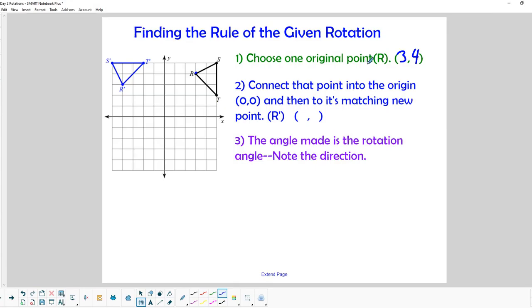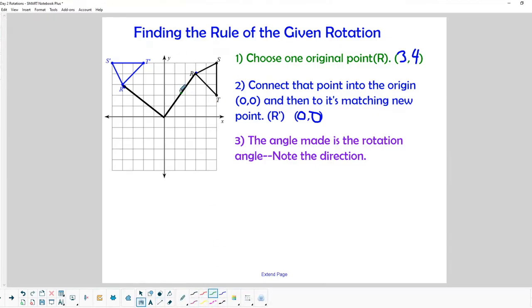Okay, now connect that point to the origin, 0, 0. So I'm going to get a line tool, go to 0, 0, and that is now at 0, comma 0. And then to its matching new point. So that's R, and R prime is now over here, so we need to attach a line to that. So there's R prime. If we look at this, we can see that there is a rotation that took place.